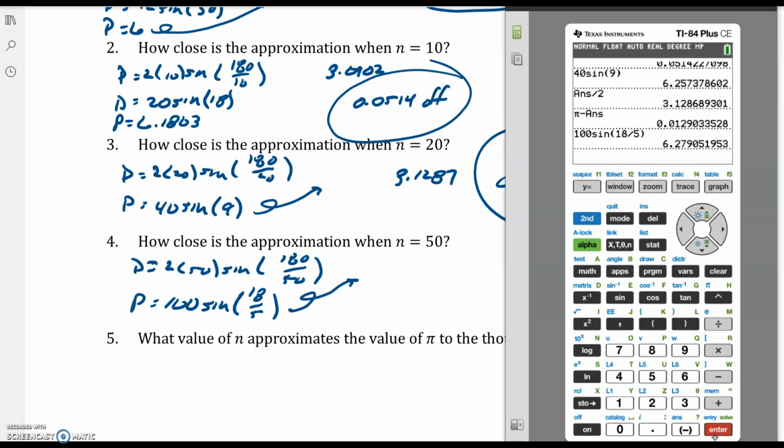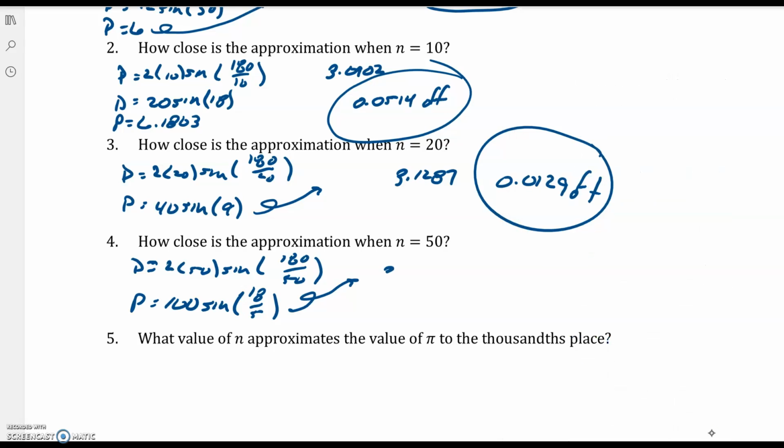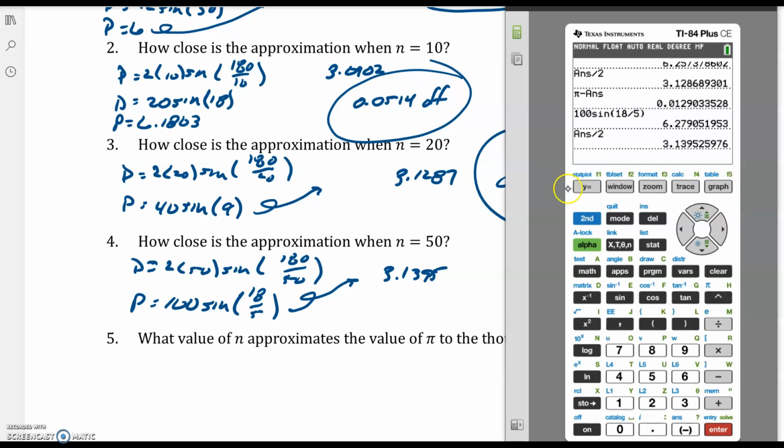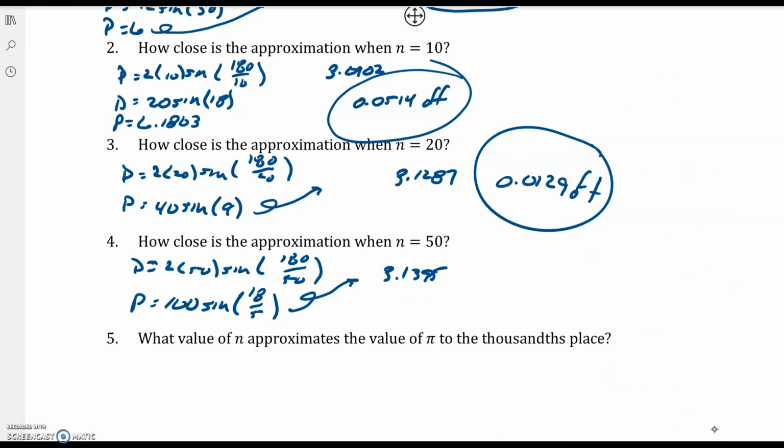I get 6.2791. I'm going to divide that by 2. 3.1395. Remembering that I want to take pi and subtract that last answer, I get 0.0021 off.